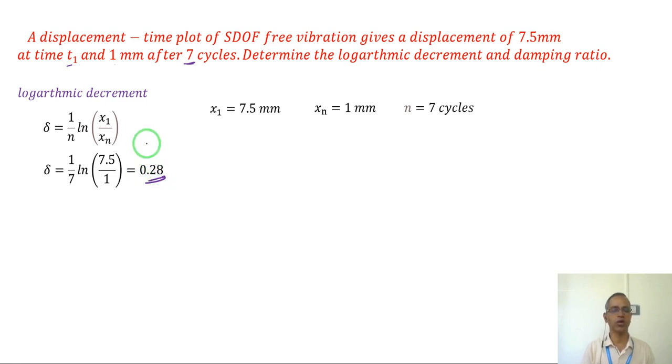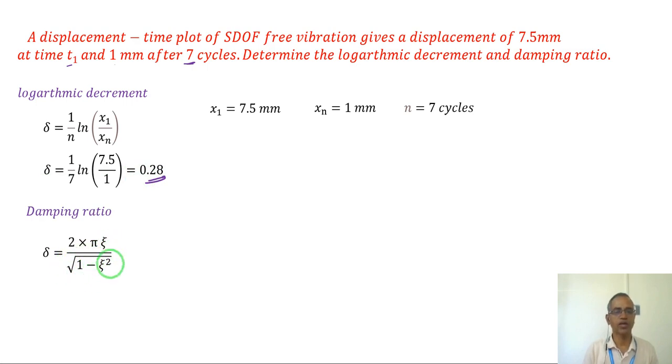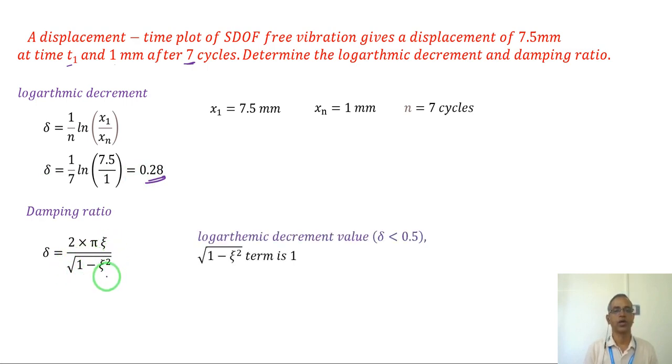If this delta is around 1 or even more than 1, then I can say the damping ratio is very high. But since it is quite low, I can neglect the denominator term and take it as 1. Then substituting delta as 0.28 by 2 pi, I get 0.0458 or 4.5%.